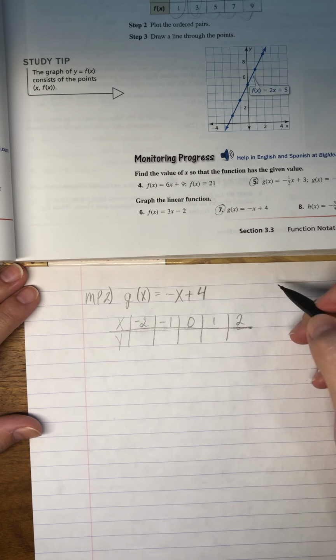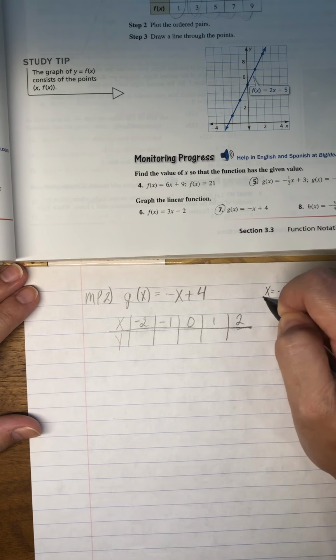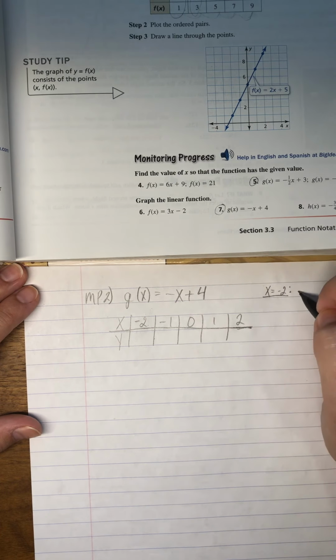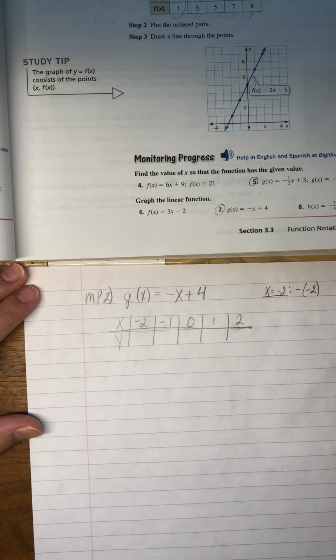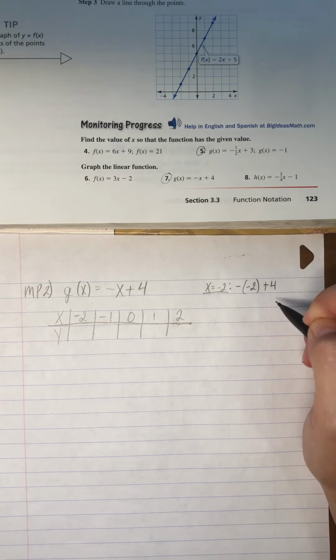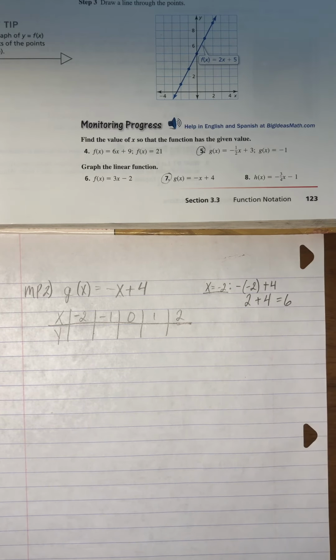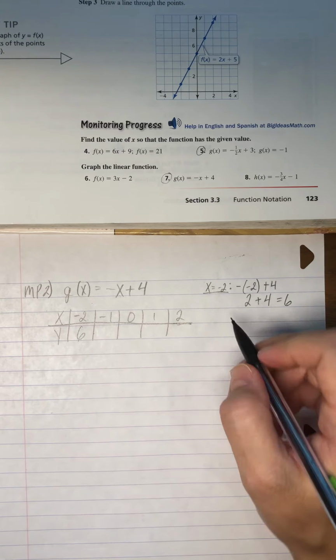So if I plug in -2, when x is -2, it would be the opposite of -2 and then plus 4. So this would become +2 plus 4 is 6. Let's fill that in our table. Let's plug in -1.